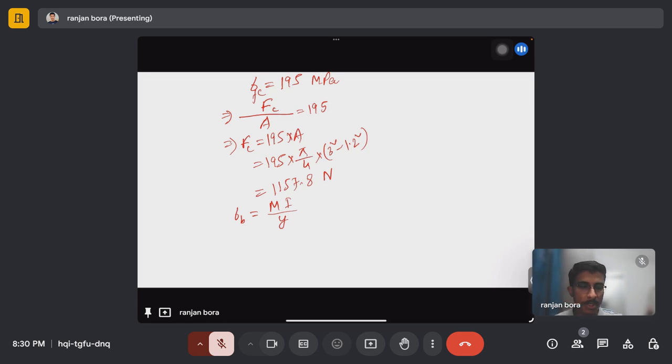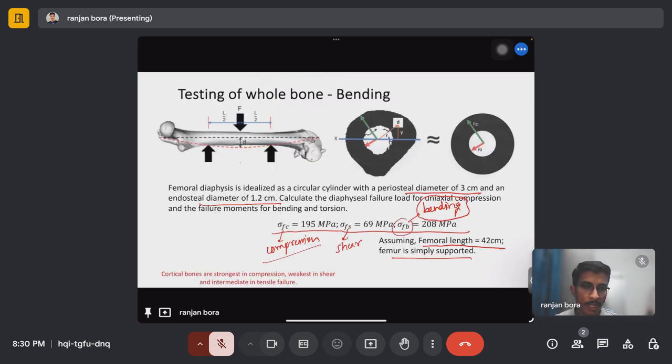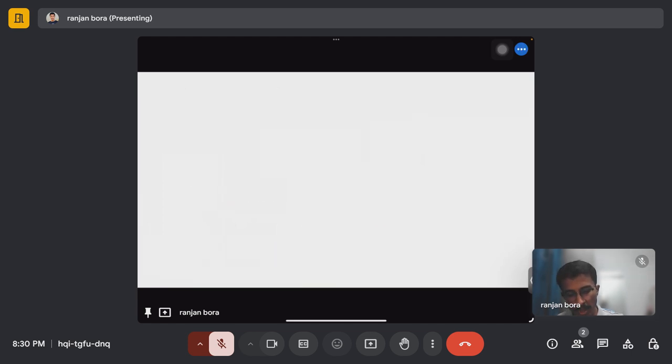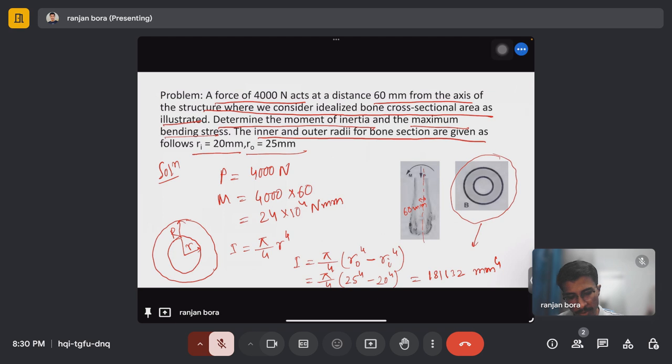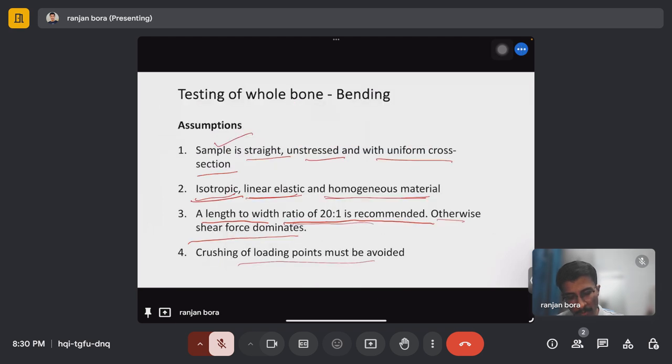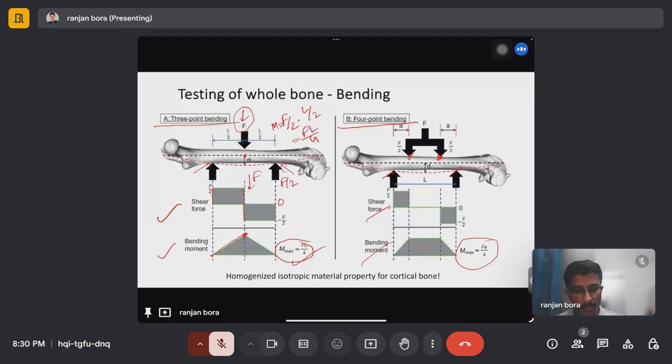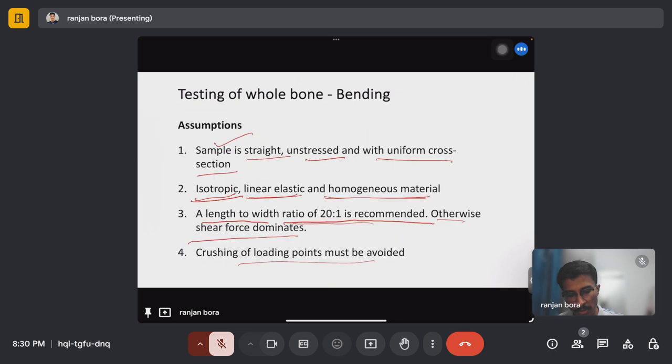Bending moment, we need to consider the maximum bending moment because it is talking about failure. Failure will only happen if the applied bending moment is maximum. And from the three-point testing, like we have seen earlier, bending moment is FL by 4. So we'll use this expression.